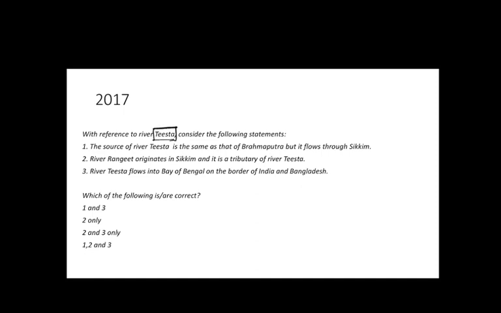So considering these questions we can identify the pattern on which the questions on rivers are asked. First they can ask the origin of the river, then the flow of the river can be asked. Then the tributaries of rivers can be asked. Then they also ask the cultural significance.